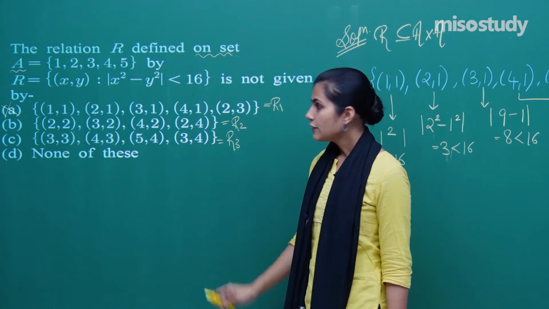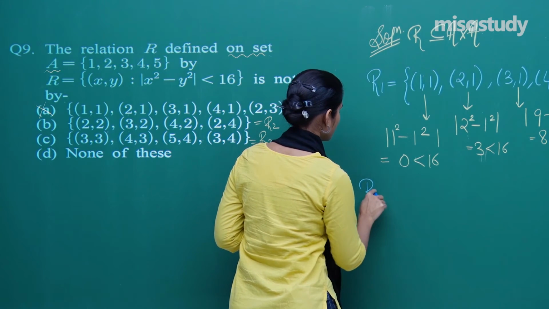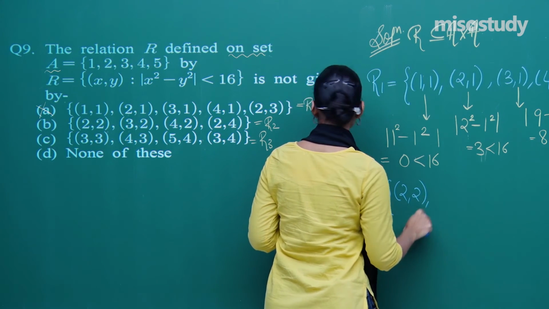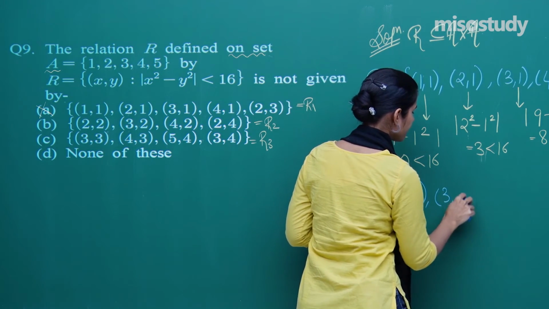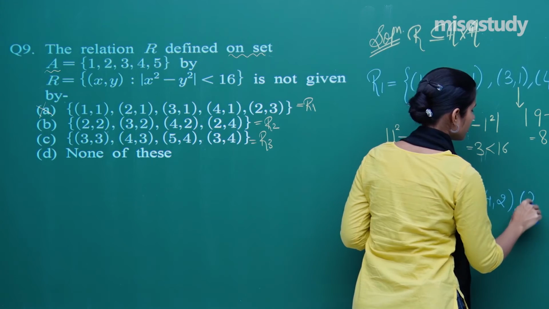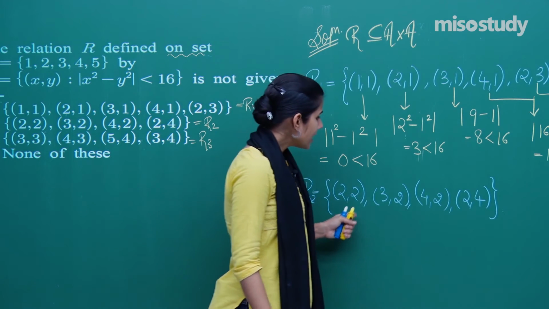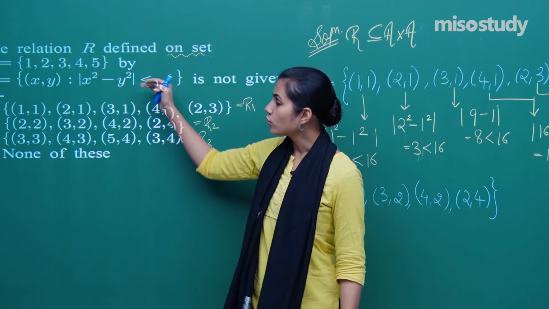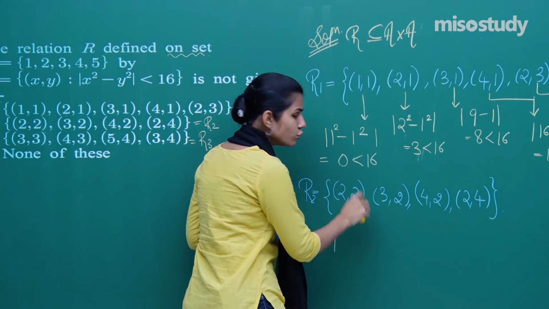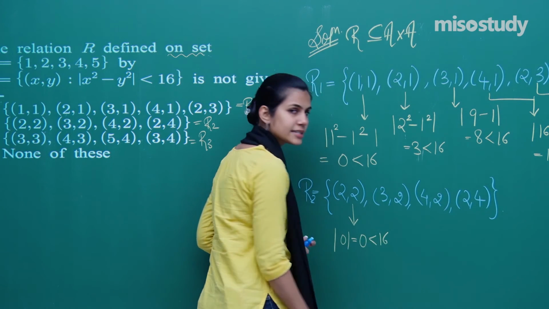Moving to R2, if you carefully observe, what is R2 given to you? R2 has (2,2), (3,2), (4,2) and (2,4). Do all the ordered pairs sitting inside R2 follow the rule or not? Well, 2 square minus 2 square is 0, which is strictly less than 16.